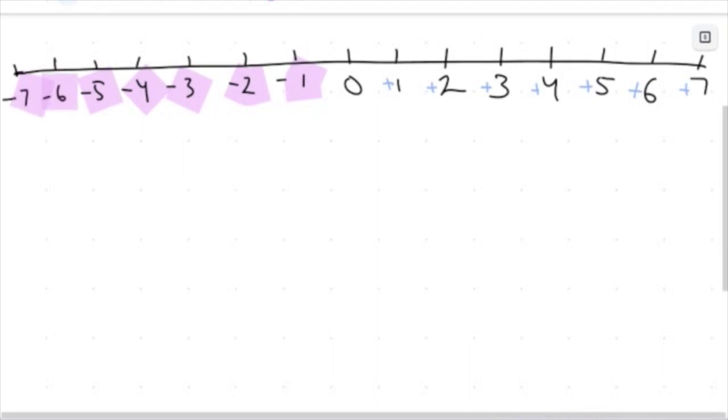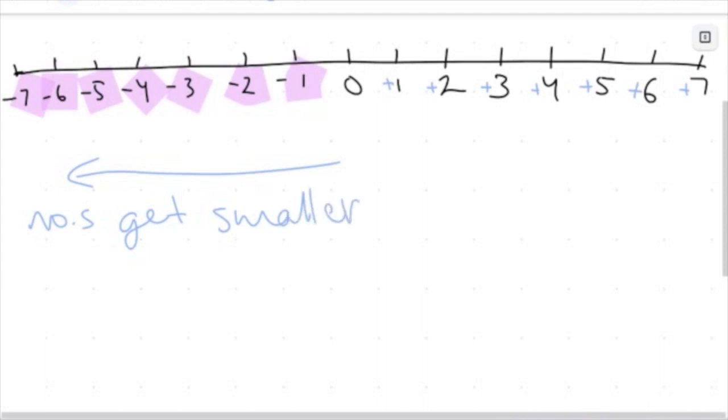But from what we talked about in previous videos, as we go to the left of our number line, the numbers get smaller. On the right-hand side, as we go in this direction, they get bigger. Anytime a number gets smaller, it goes to the left. When it gets bigger, it goes to the right.